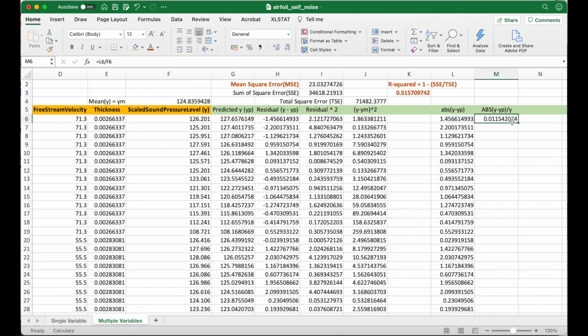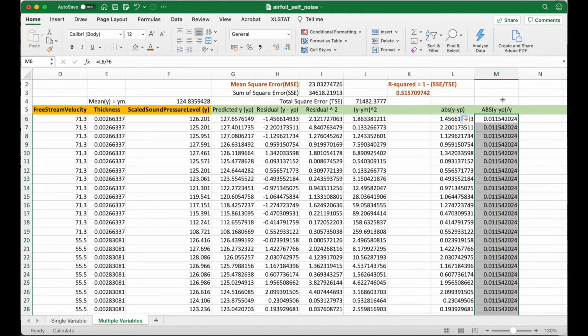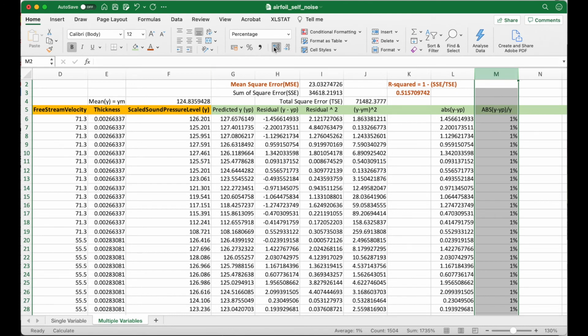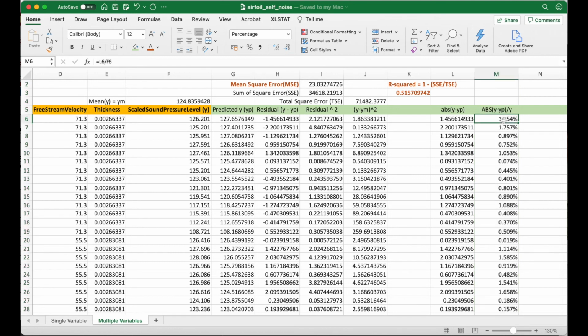So this is a figure which I could represent as a percentage. So if I see that, it is giving me a value in percentage. So this is the absolute percentage error in my prediction. If I take a mean of this, this becomes the mean absolute percentage error, or MAPE.